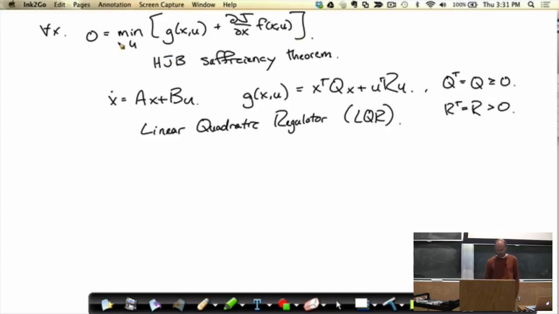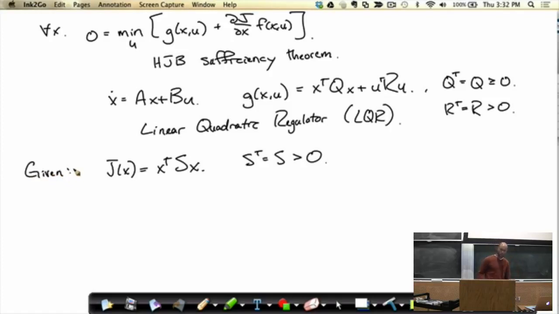Okay, so there's a magic step, and it's annoying maybe, but there's a magic step, which is that someone smarter than us is going to tell us that the solution of this thing is always going to be some quadratic form. The cost to go is going to be some quadratic form. So this is sort of given.